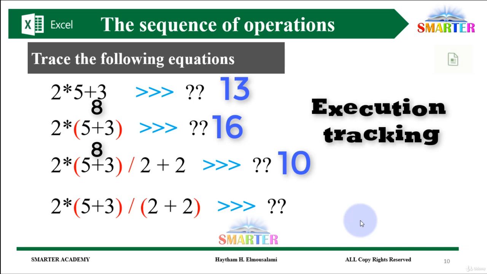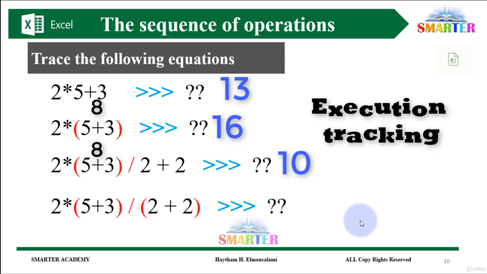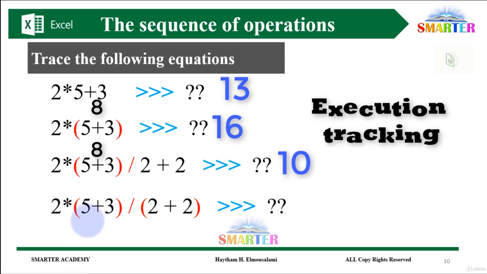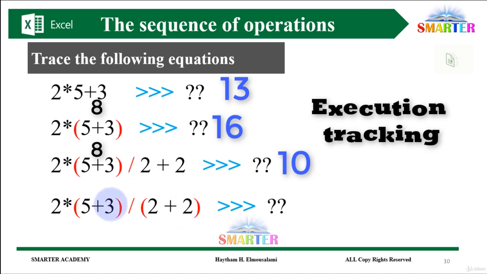So parentheses make priority for their operation, so the first operation executed here will be 5 plus 3, and the result will be 8 multiplied by 2, so the result will be 16, and parentheses make priority to addition over division, so 2 plus 2 is 4.